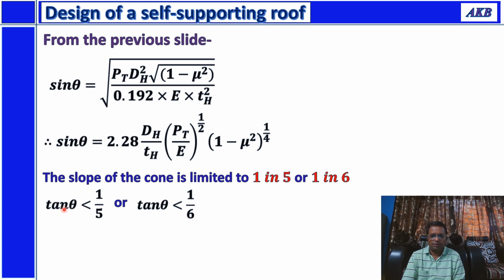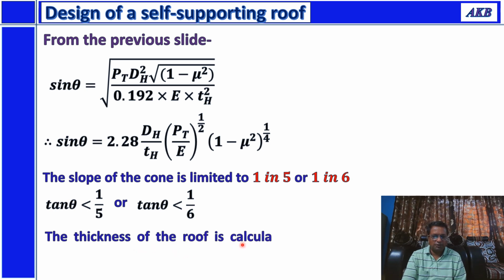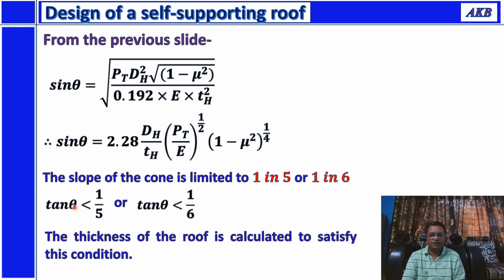So the conical roof is designed so that its slope is less than 1 in 5 or 1 in 6. The thickness of the roof is calculated to satisfy this condition. So you are going to select only that thickness which will satisfy these conditions.